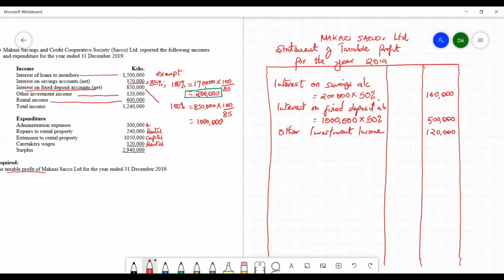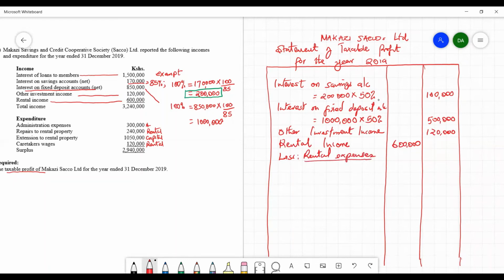The next item is known as rental income. Rental income needs adjustments, and therefore we adjust it as follows: 600,000 on the first column, then less rental expenses. The rental expenses include the following.